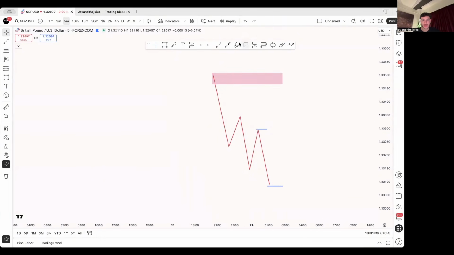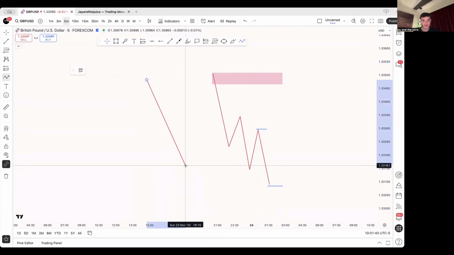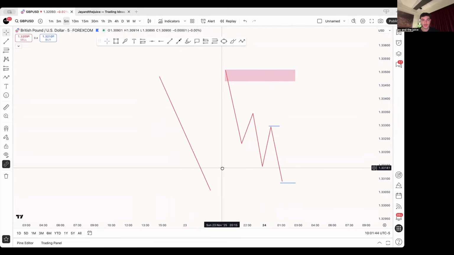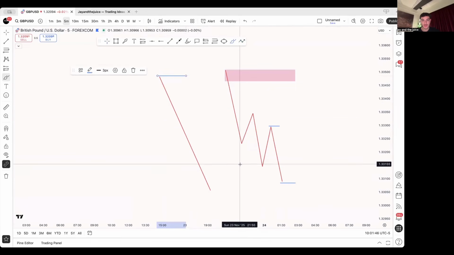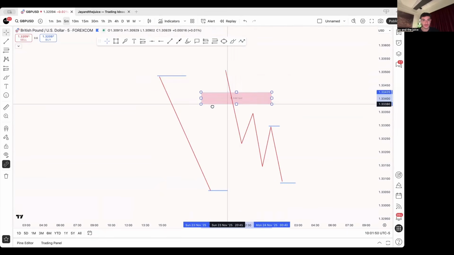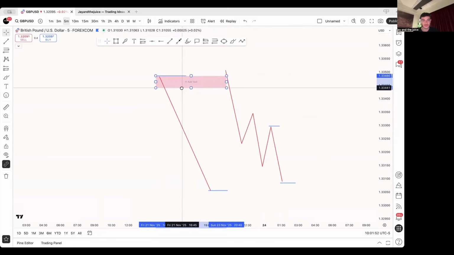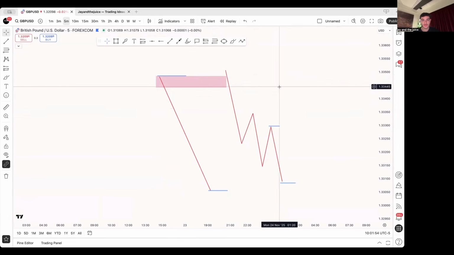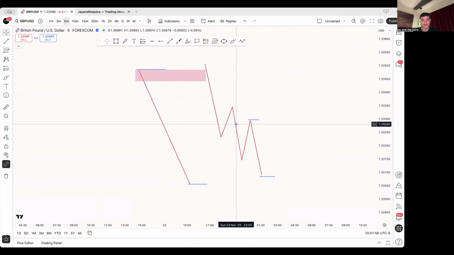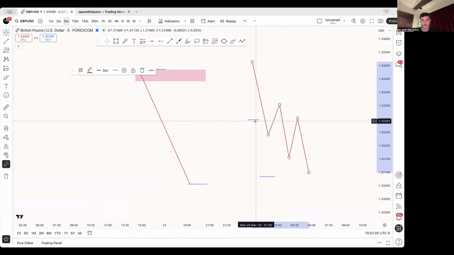Let's say the 1 hour is this, and that is the last range. And then you have your zone be something like this. And then you go down to the 15 over here.